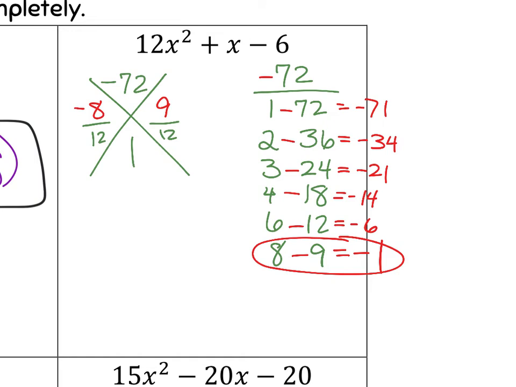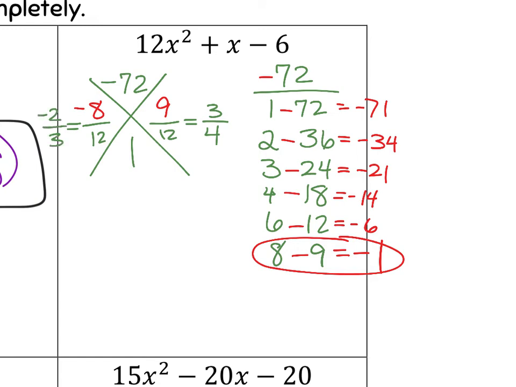Okay, we're making some progress on this. I've set up and solved my X puzzle. What's next? Divide. 9 divided by 12 is still going to be a fraction. 3 over 4. And negative 8 divided by 12 is still going to be a fraction.